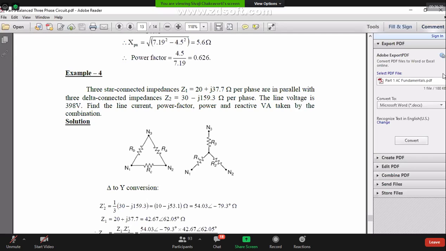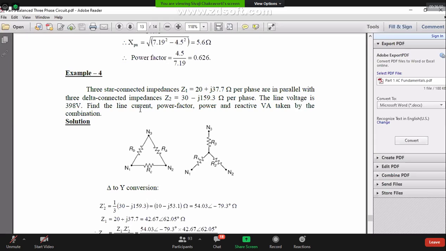Now line current is stated to be 100 ampere, so phase current is line current by √3. So this is the phase current. So phase impedance is phase voltage by phase current. So it is 7.19. So again, reactance is root over Z square minus R square. And power factor is 0.626. Why? Because the impedance is not changing.